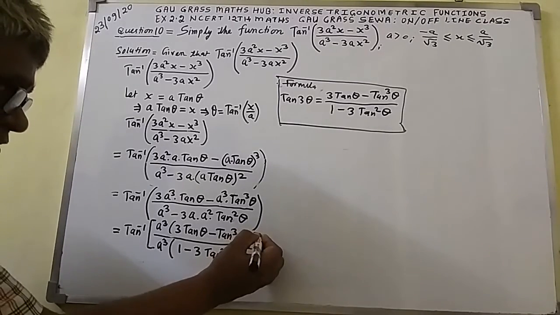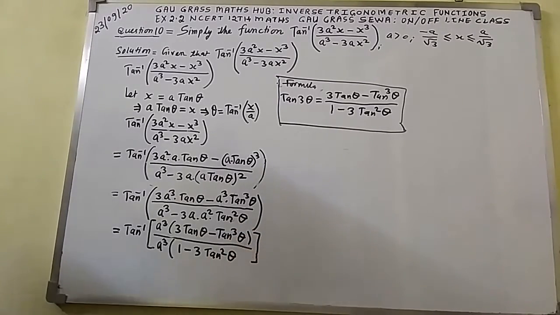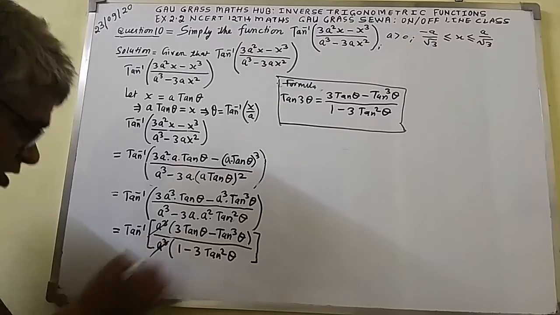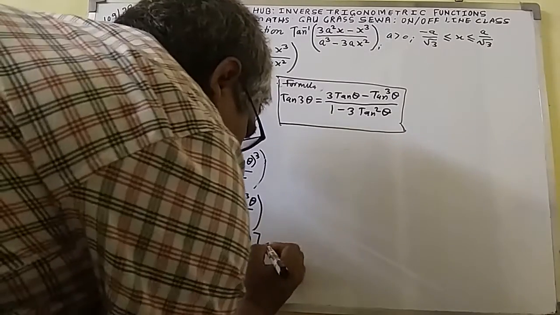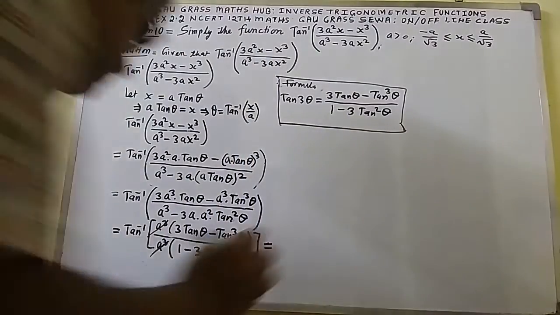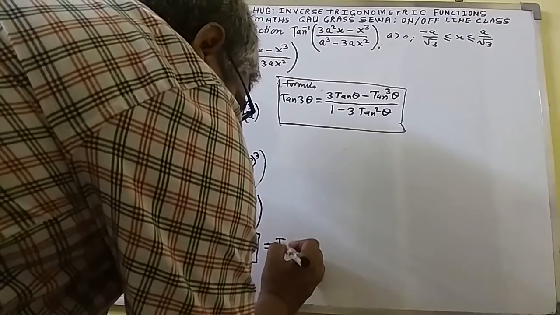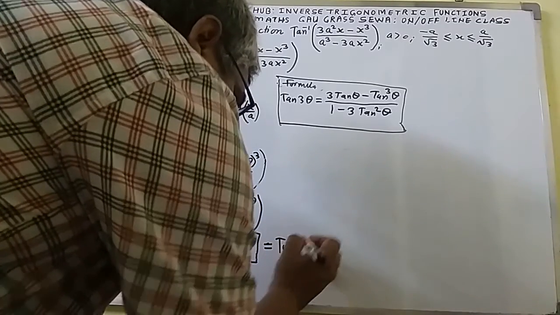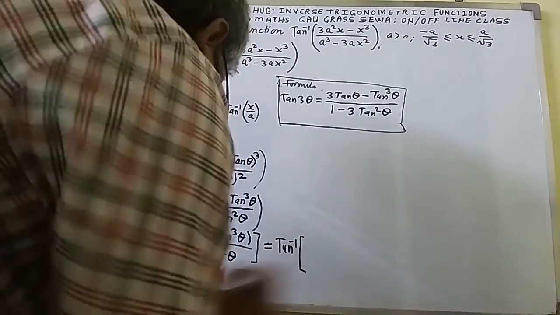Again here you can write like this. Now what we will do next here? This a cube will be cancelled out. Here you will get tan inverse, open here with bracket.